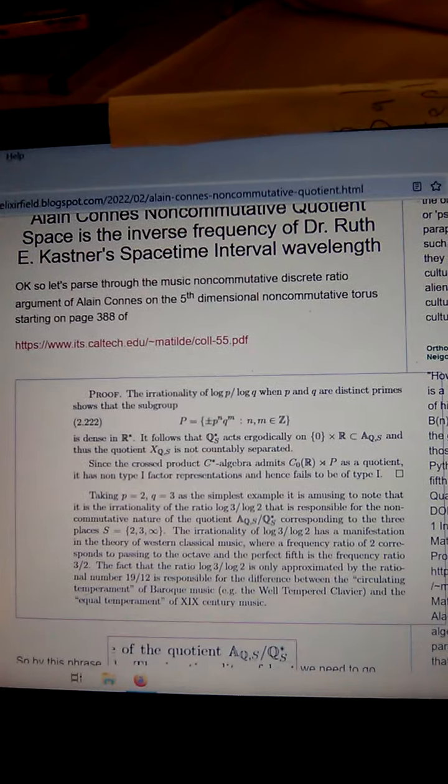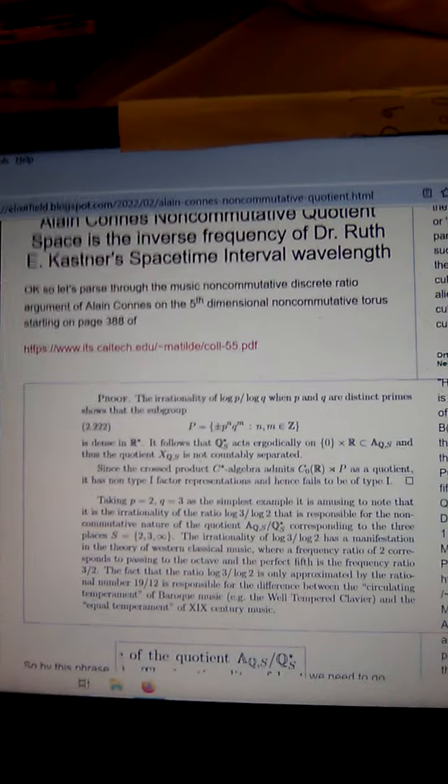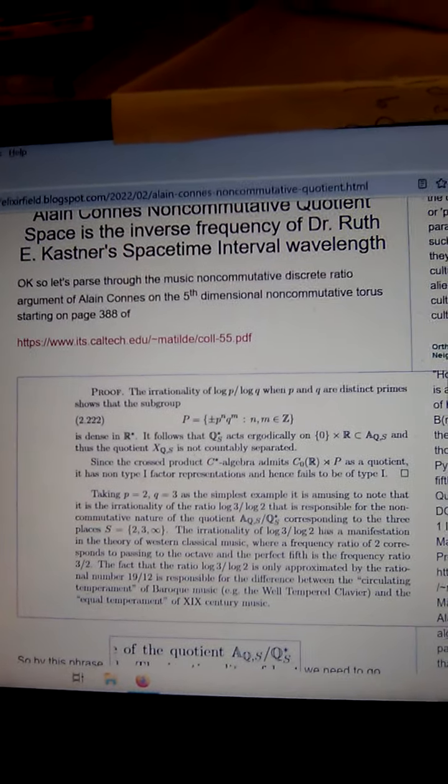And so I'm going to be analyzing Connes's application of that non-commutative inverse frequency concept for the non-commutative torus of the Bloch sphere.